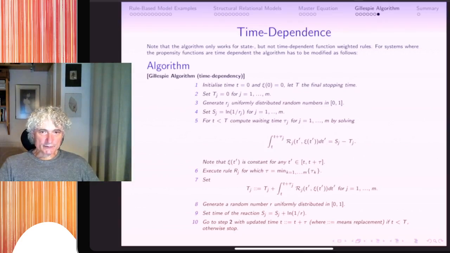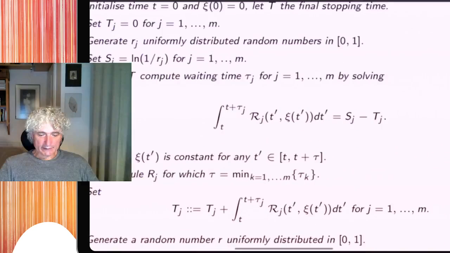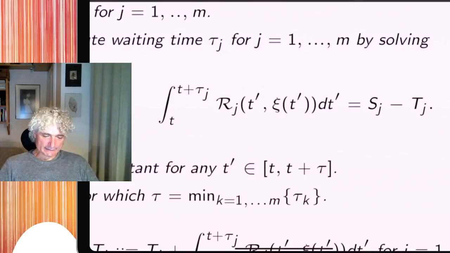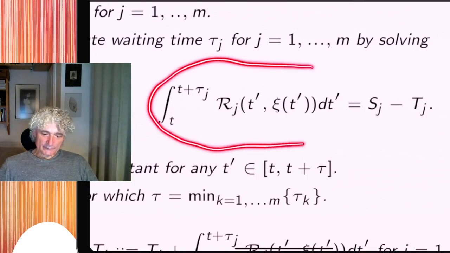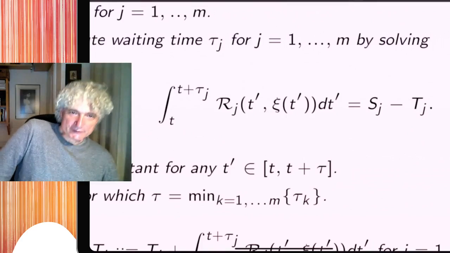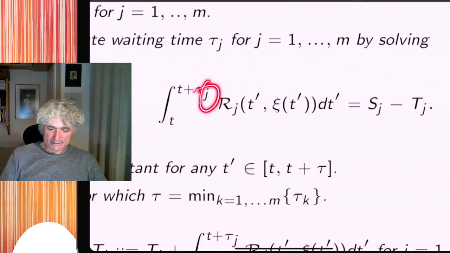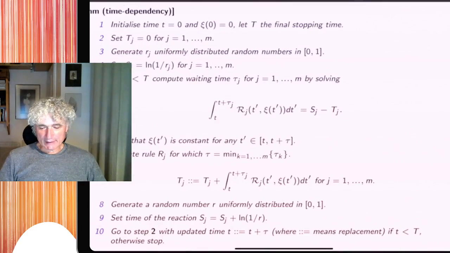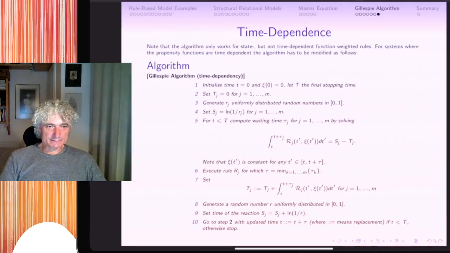So I will not go into detail of this, but you can see the major issue here. So please look at this very carefully. Here you have only an implicit definition of the time step Tj, which you have to compute from an integral over propensities. And this then gives you the correct statistics for the stochastic process.